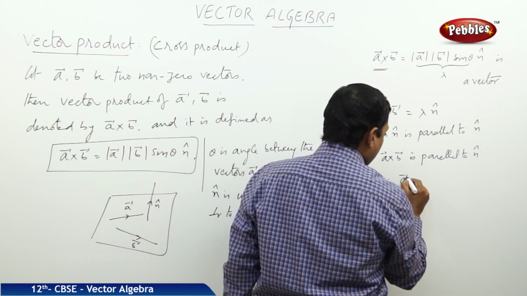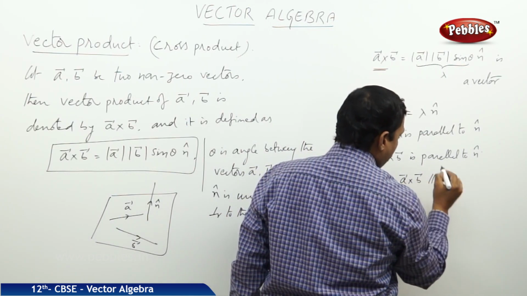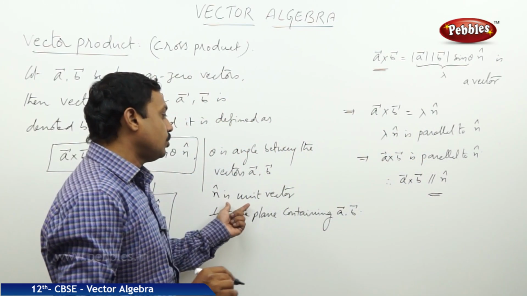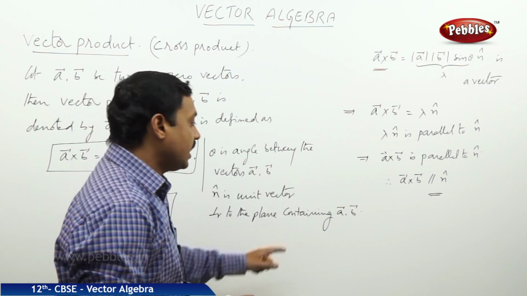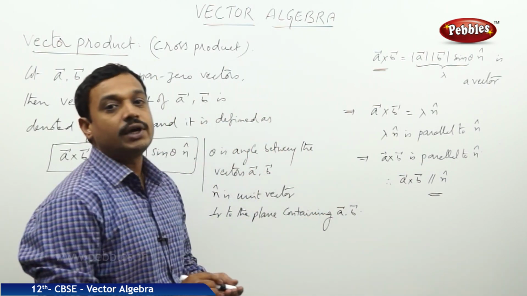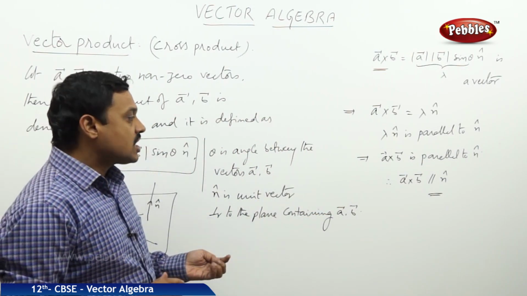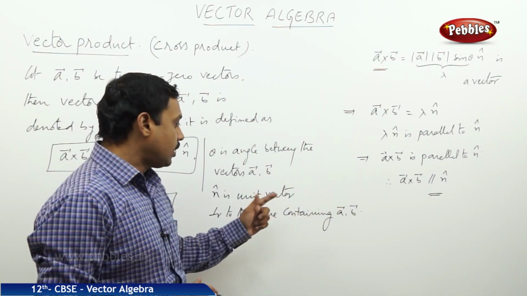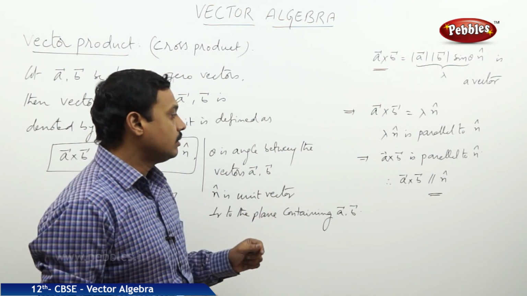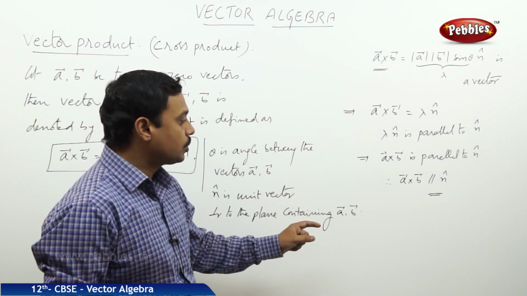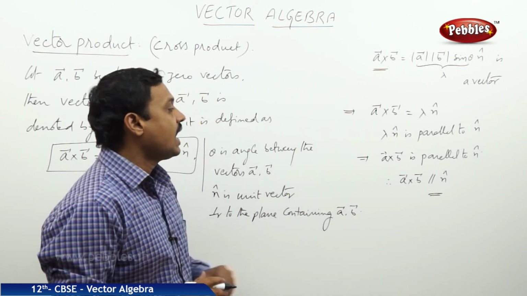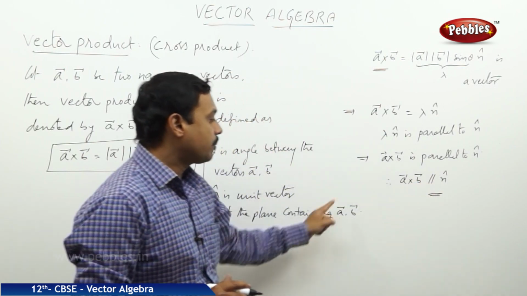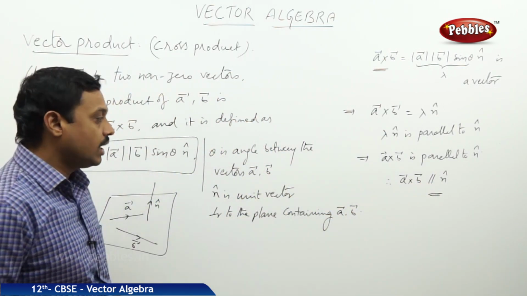Hence, the cross product of two vectors is always parallel to n cap. But what is n cap? It is the unit vector perpendicular to the plane containing A and B. So finally we can conclude that the cross product or vector product of two vectors is always perpendicular to A and B, or perpendicular to the plane containing A and B, as well as parallel to the unit vector n cap perpendicular to the plane containing A and B.